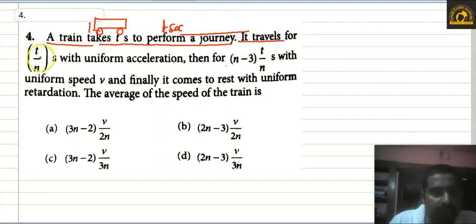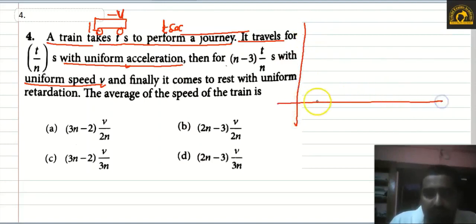It travels for t by n seconds with uniform acceleration, then for n minus 3 divided by t into t divided by n seconds with uniform speed v. This is uniform speed, this is uniform acceleration. So the train is moving with certain velocity and time. You have to draw the graph.